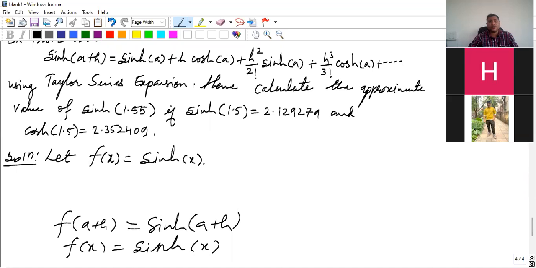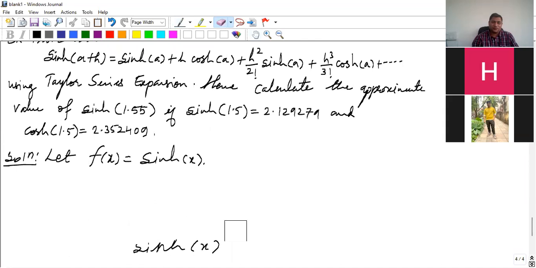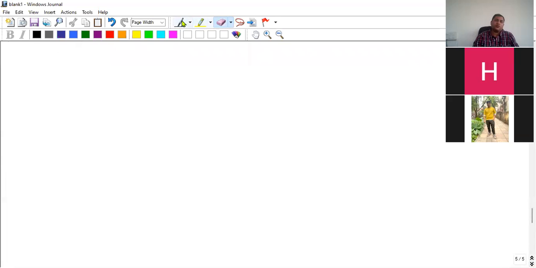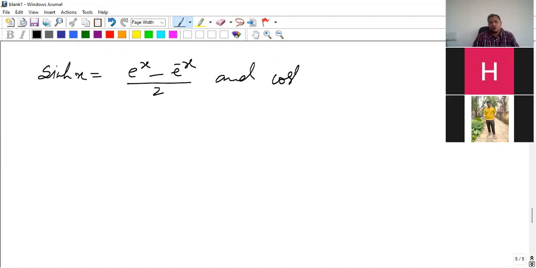Now somebody asked me what this hyperbolic thing is, so I'll go over that also. We have the formula: sine hyperbolic x is equal to e raised to x minus e raised to minus x, by 2, and cos hyperbolic x is equal to e raised to x plus e raised to minus x, by 2.